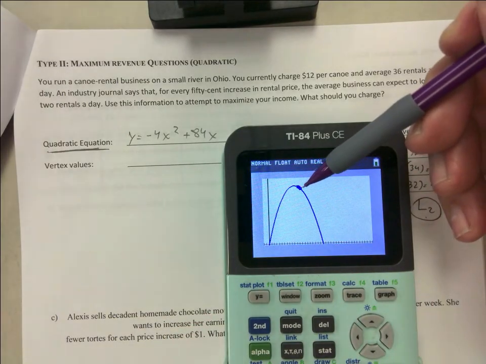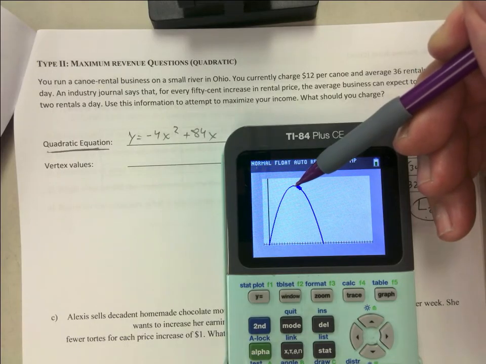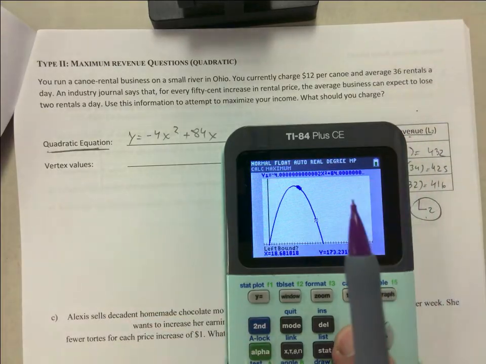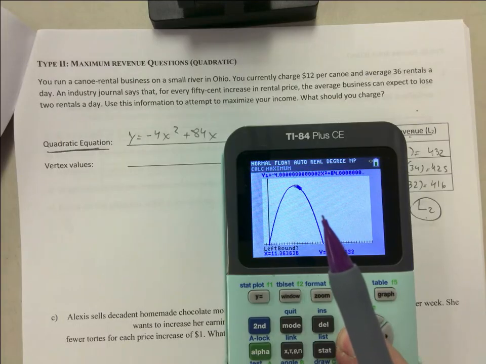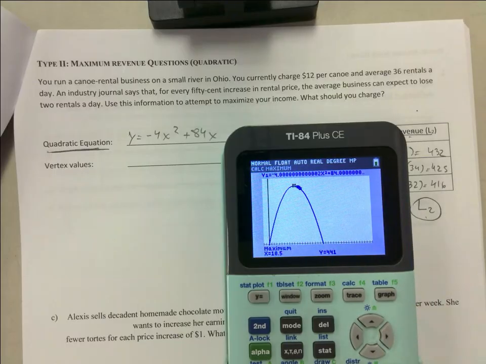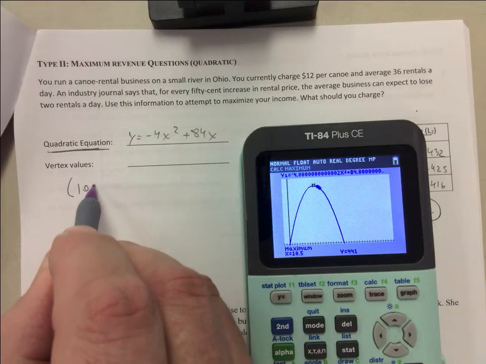This type of question will probably be concerned with what's the maximum profit, how much should you charge, things like that. So second trace max. Boom. Boom, boom. There you go. So I would say you write down the vertex.